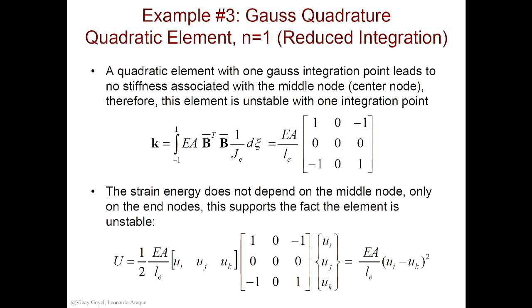The middle node is just hanging out there. I don't know what it's doing, actually. I don't even know how to solve for it. So the point I want to make is that reduced integration, using fewer integration points, can in some cases hurt you. You will see later on that it can also help you in some cases. All right, so that's my last note.